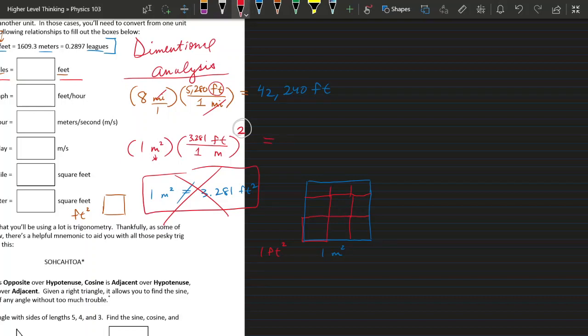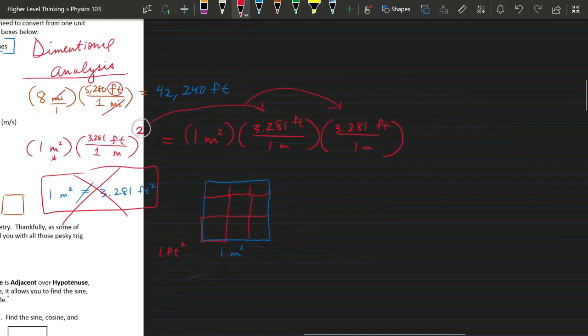So let's see what this equals. 1 meter squared, and that's essentially saying 3.281 feet over 1 meter times 3.281 feet over a meter. So what we did was we took that square and we spread that out.